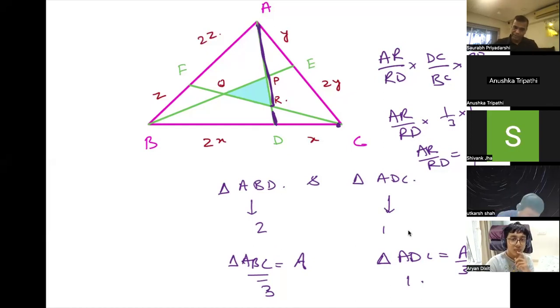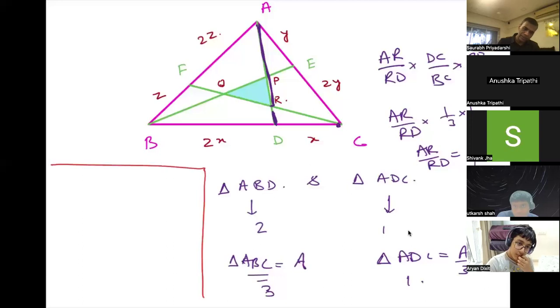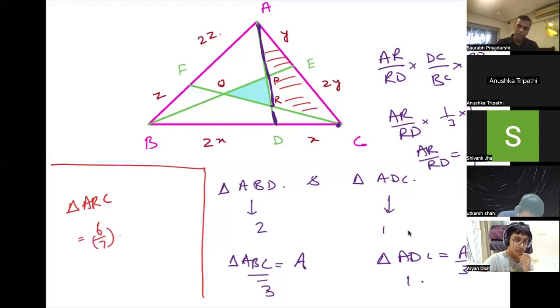So can I say in this, area of triangle ARC is nothing but 6 by 7 of the area of ADC? This is dividing the ratio 6:1.